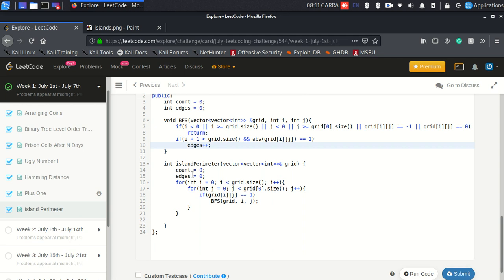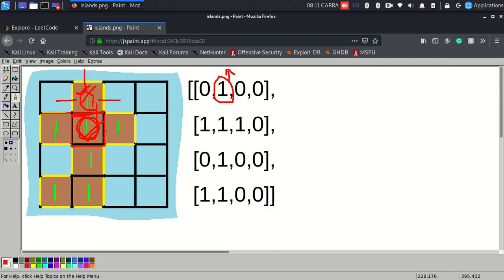Now, what happens is, let's say I am here. So if I'm here, the last island I encountered was probably this one, and I have made it -1. So this particular statement looks at how many land pieces are there which share my common edge.